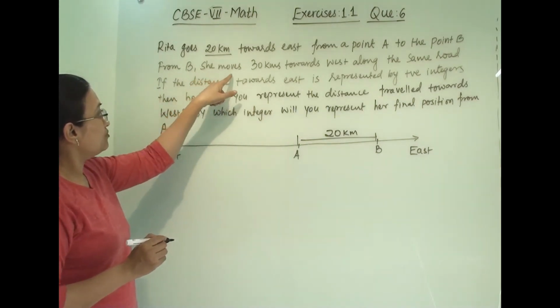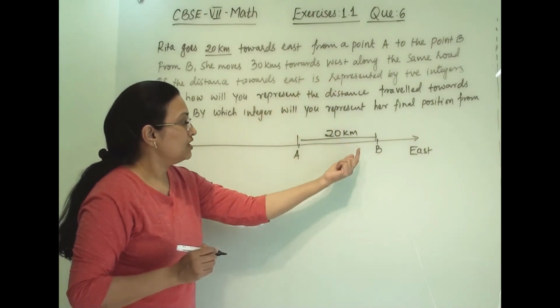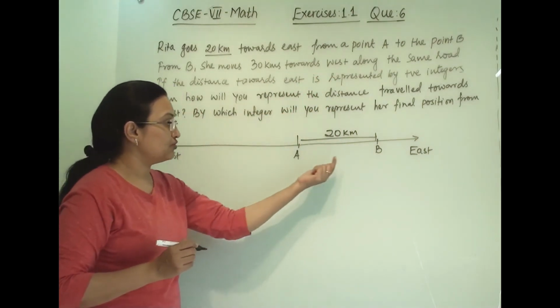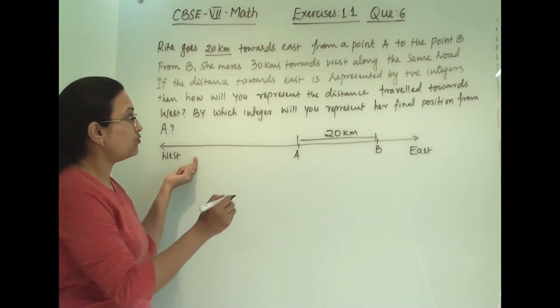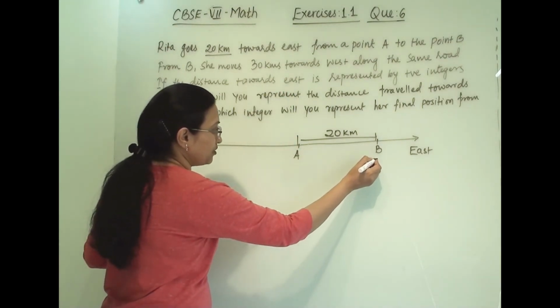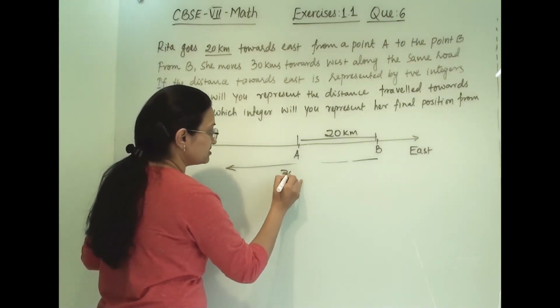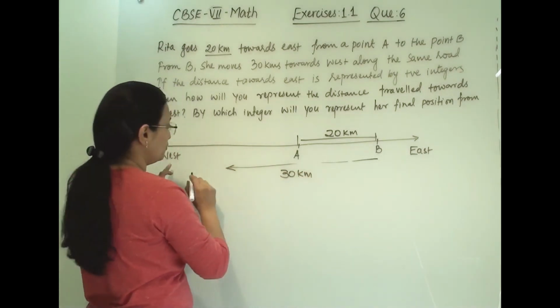Now she moves 30 kilometers towards west. Now she comes back, and from B again she goes 30 kilometers towards west.